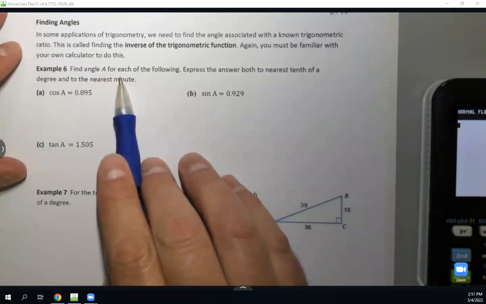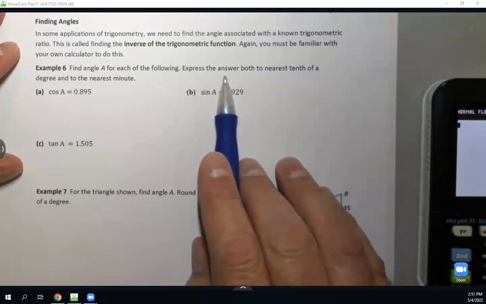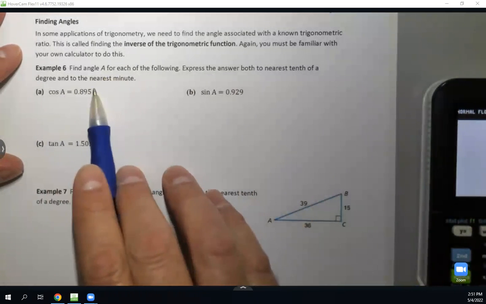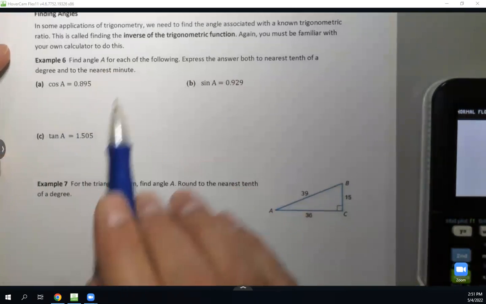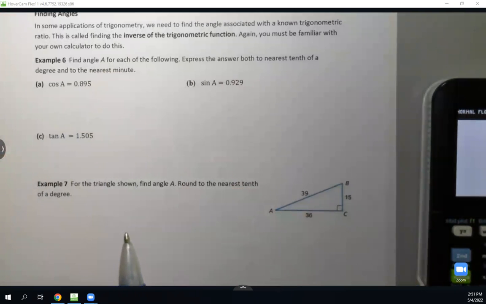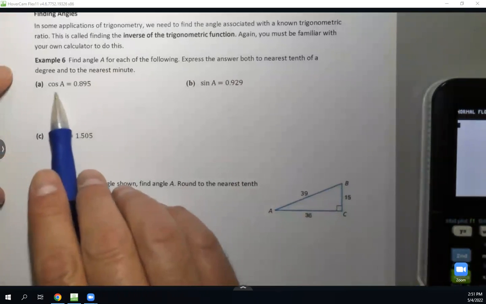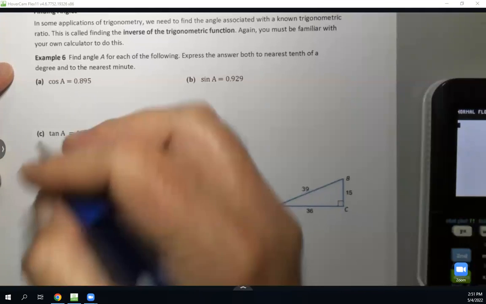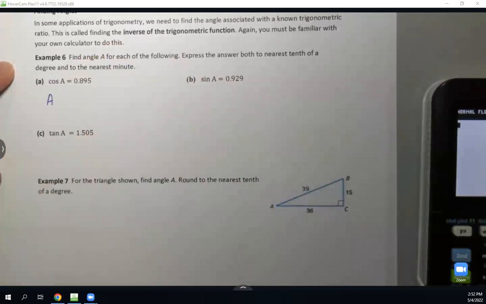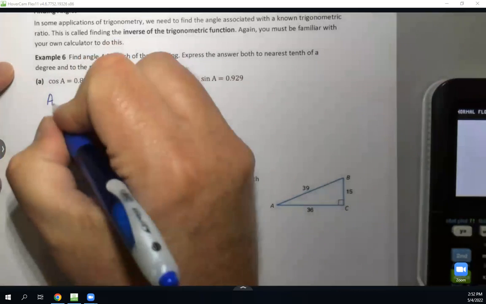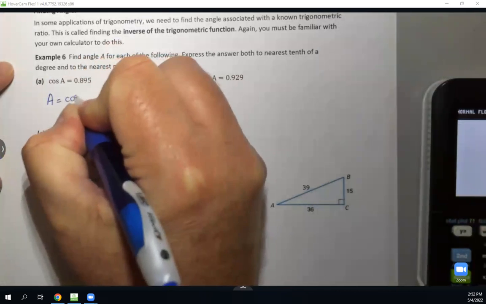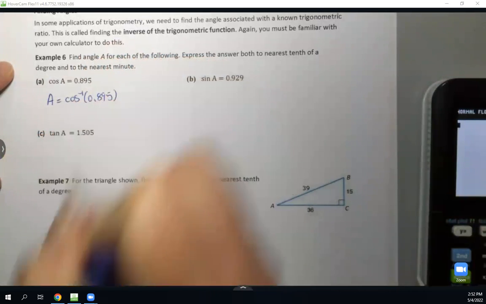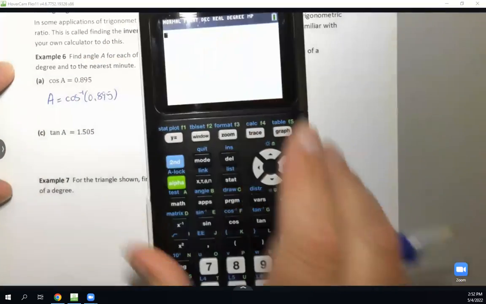So find angle A for each of the following. Express the answer both to the nearest tenth of a degree and to the nearest minute. So I'm being mean. You got to do both. Okay. So I know that the cosine of angle A is 0.895. So I want to find what is angle A. So angle A is going to be the inverse cosine of 0.895.